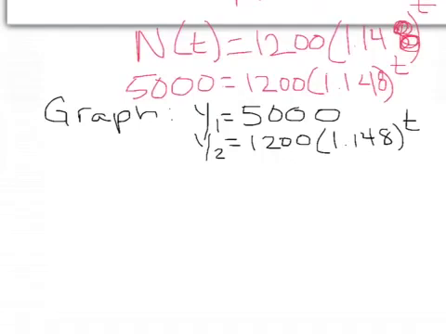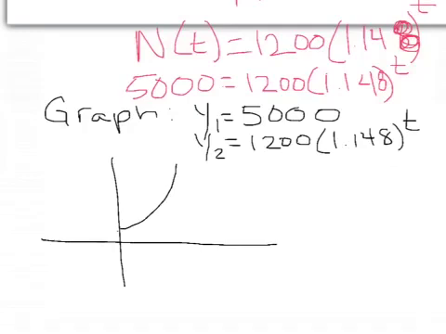The graph of those functions is going to look something like this. We don't care what it is on the negatives because we can't have negative bacteria. And then y equals 5,000 is going to cut through like this. What we're looking for is this point right here where they intersect.